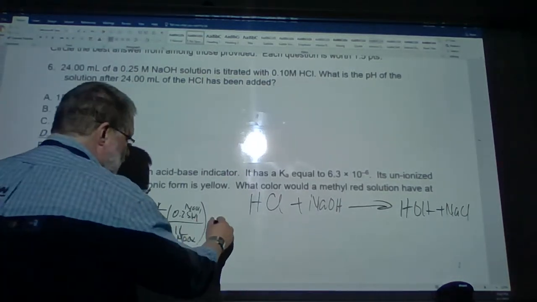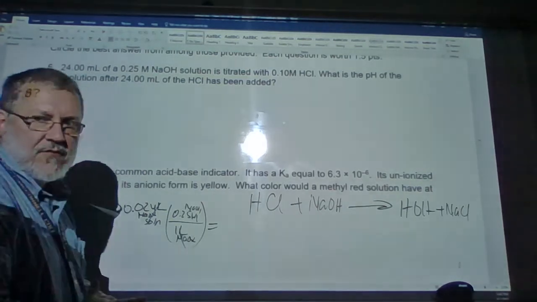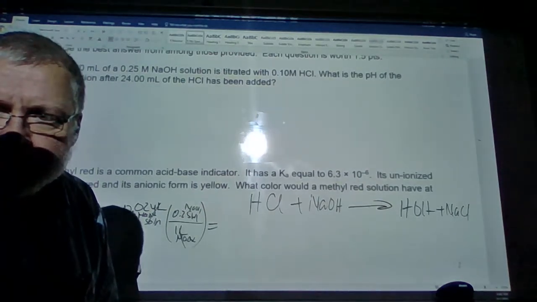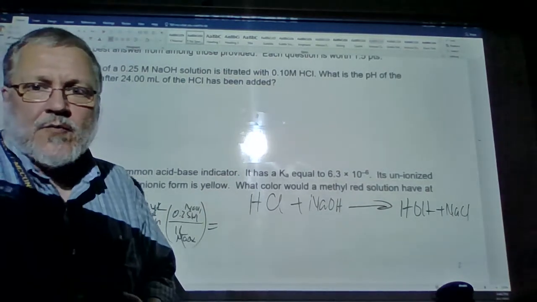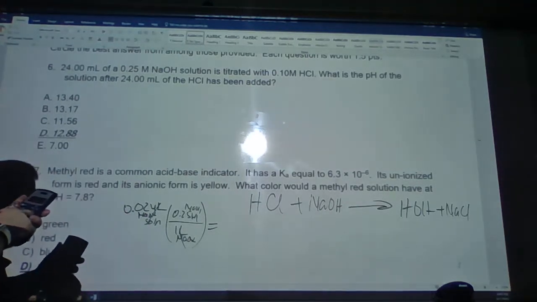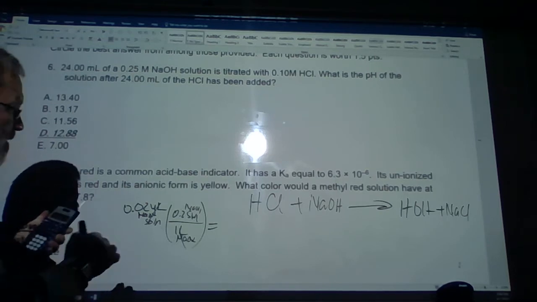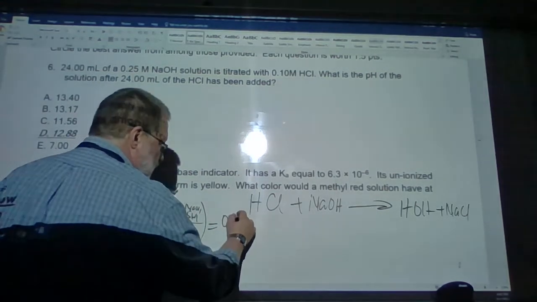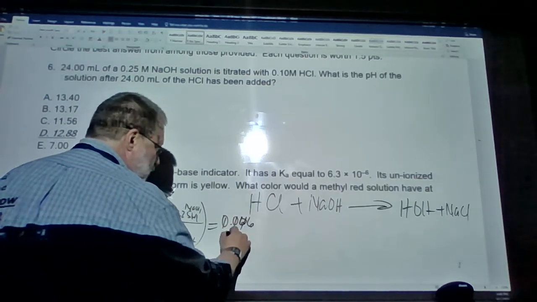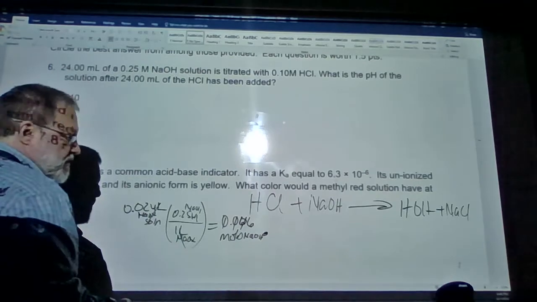This is the number of moles of sodium hydroxide that we have. Let me pause this just a second. Let me get a calculator. Appreciate your patience. So we're going to take 0.024 times 0.25. This is equal to 0.006 moles NaOH, or just OH minus.